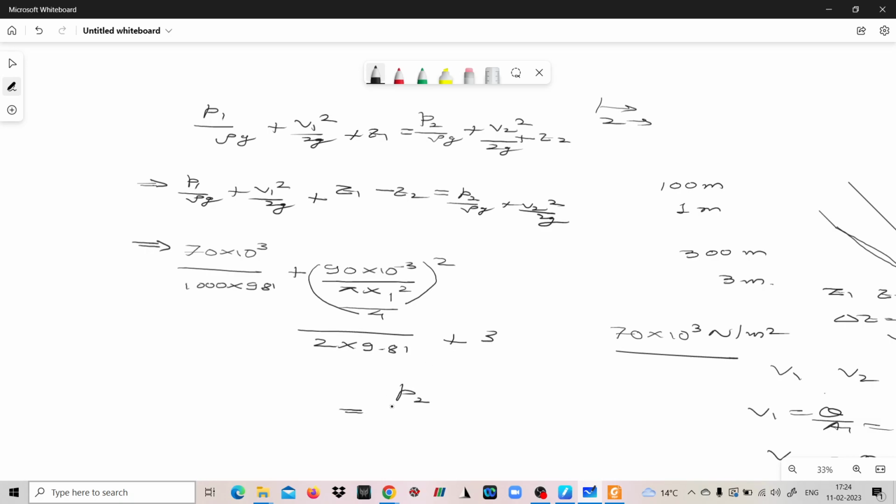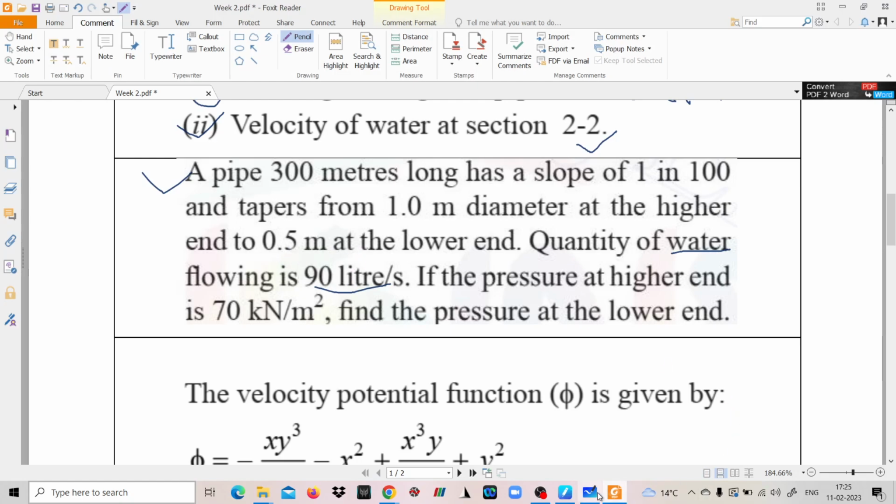P2 is what you need to calculate, divided by 1000 into 9.81, plus V2 square divided by 2 into 9.81. V2 will be 90 into 10 to the power minus 3 divided by pi into 0.5 square by 4, the whole square of this entire quantity, because it is 0.5 meter at the lower end.